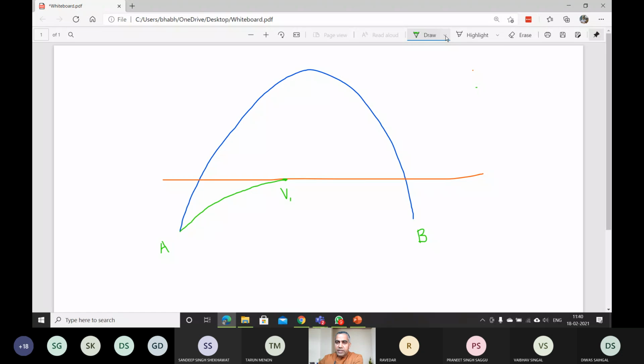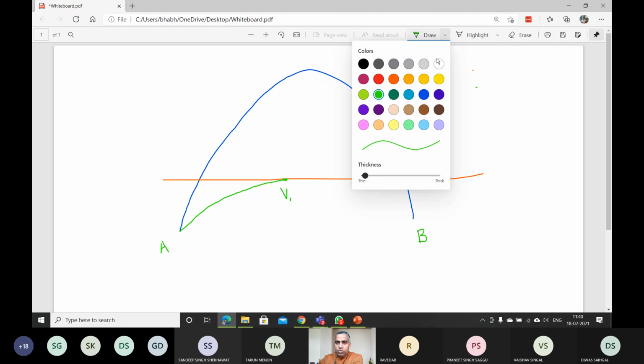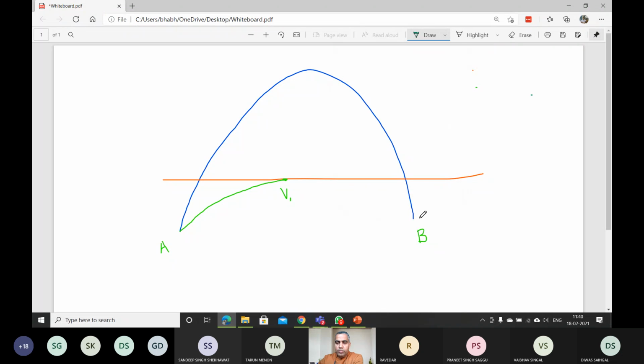The same thing is done at the destination also. From the destination up to the limiting latitude, we draw a great circle track such that its vertex lies on the limiting latitude. We name it vertex 2.